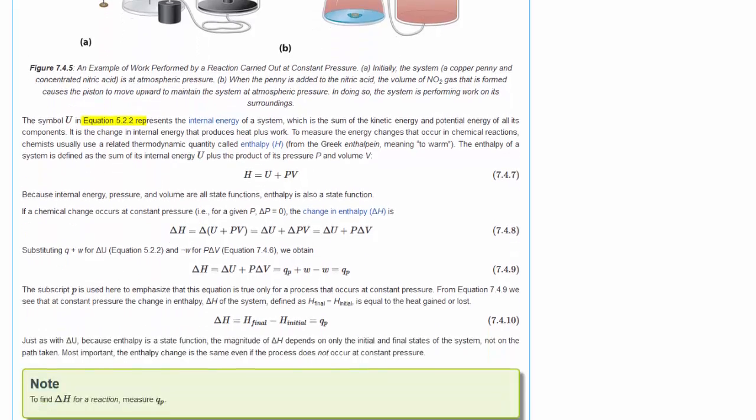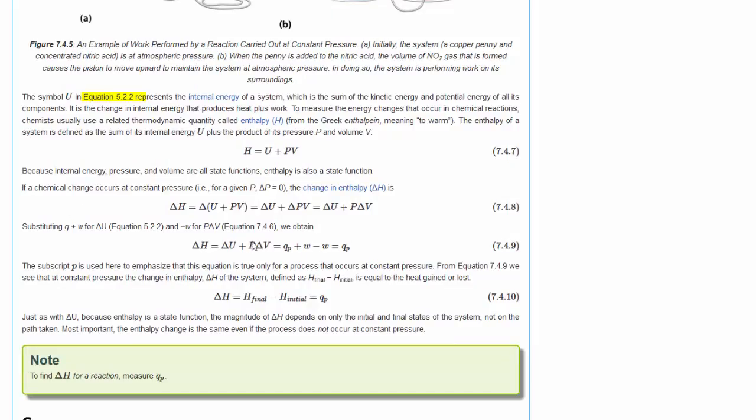So, since we only care about a change, here's our old friend delta again. Remember, this triangle means delta, and delta means change. So, delta H is equal to delta U plus delta PV, which is really delta U plus P delta V, because we're talking about a constant pressure.